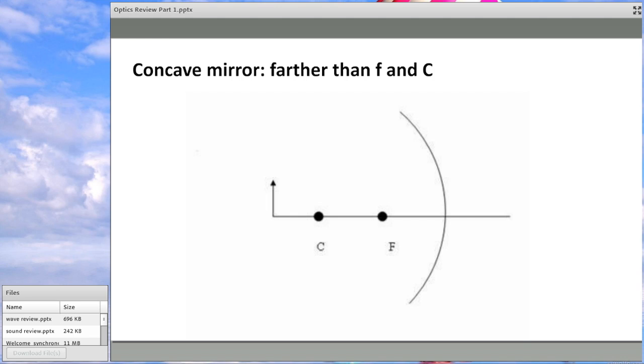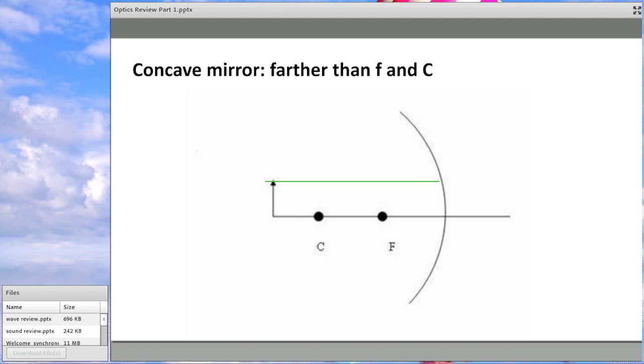So I'm going to take this one and I'm going to go, well, that's not what I wanted. Okay, I'm going to draw my horizontal from my arrow.